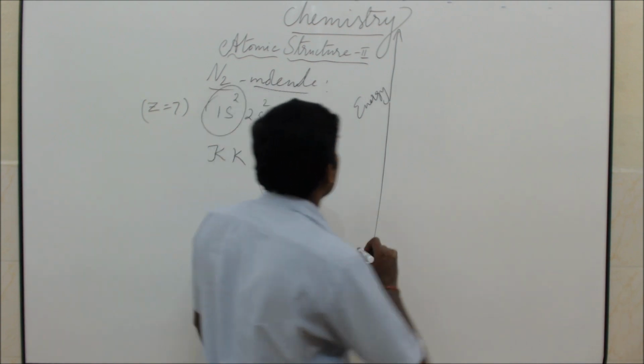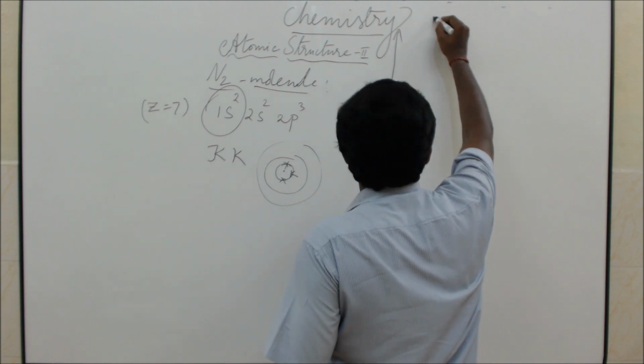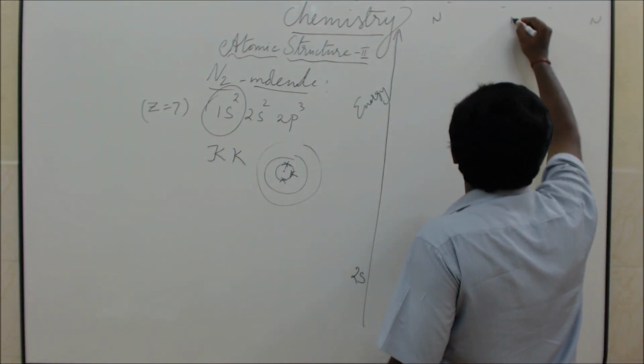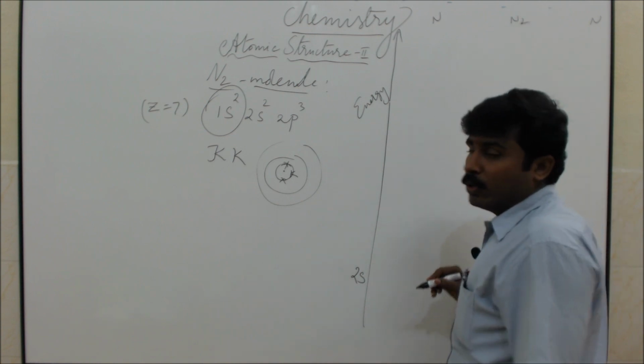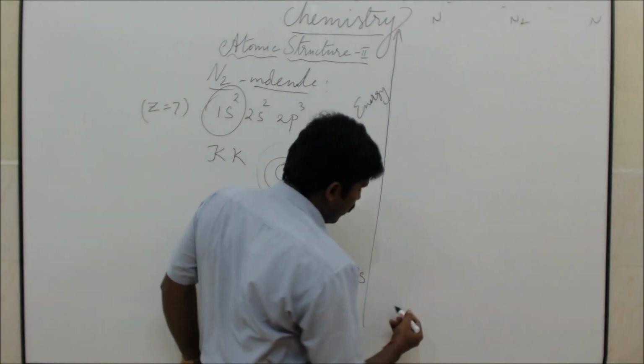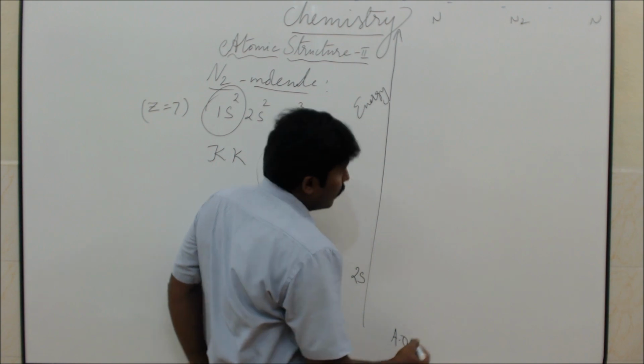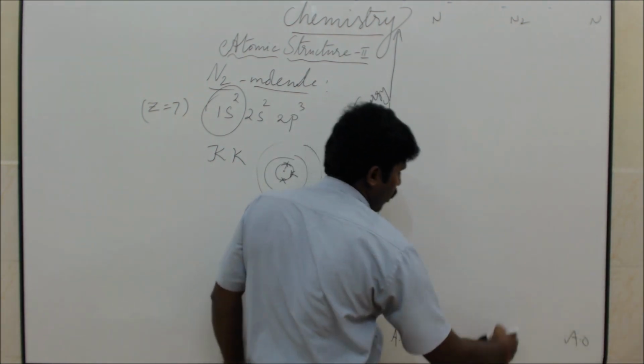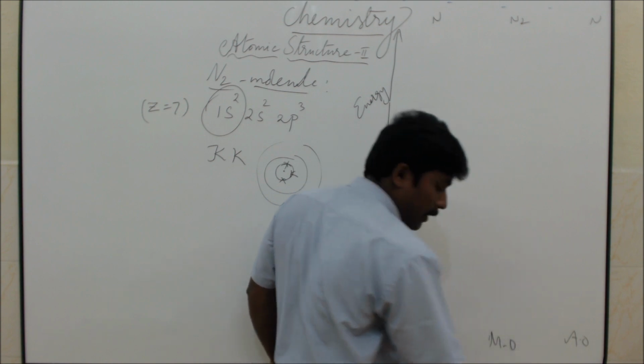Now see here, this is one nitrogen atom, and this is another nitrogen atom. These two are going to form a nitrogen molecule. This is an atomic orbital, and this is another atomic orbital going to form a molecular orbital.